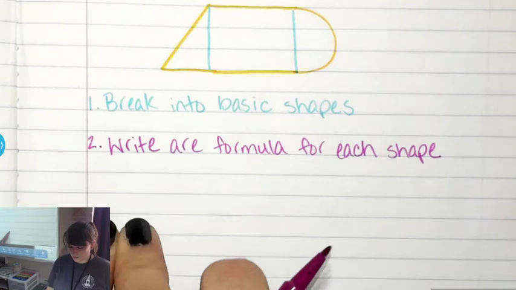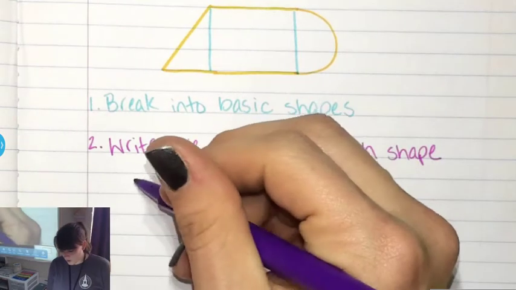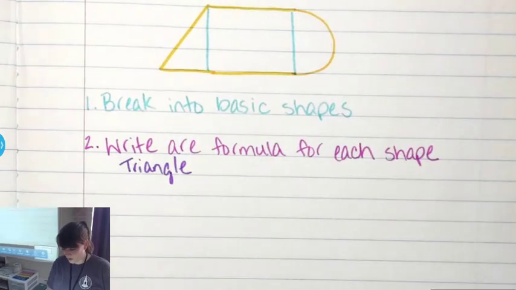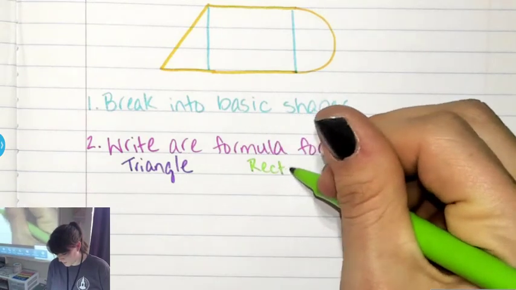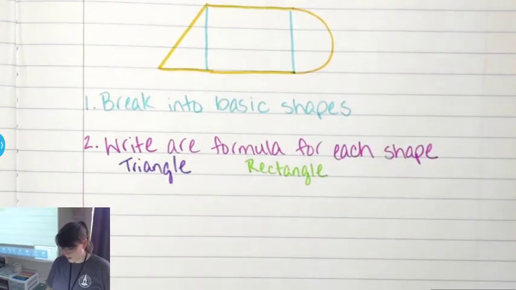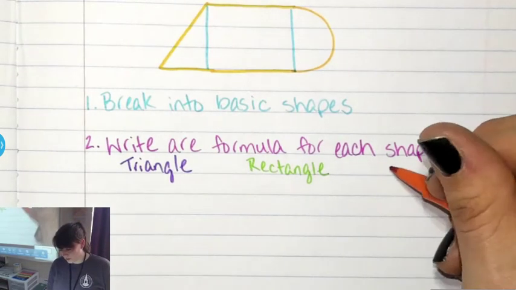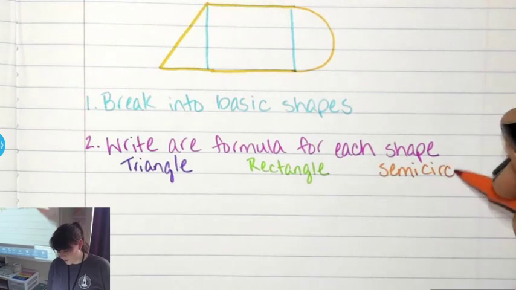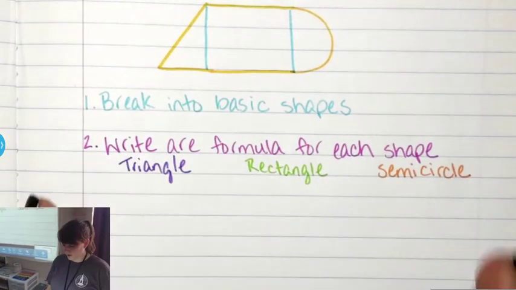So I have a triangle, a rectangle, and a half circle. So we're going to do triangle, rectangle, and then half a circle, or semicircle, S-E-M-I, circle. Alright, 3 shapes. I'll use 3 colors.